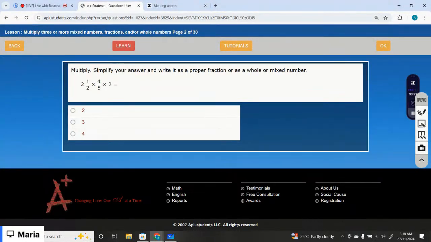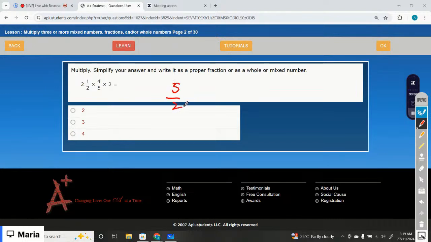2 whole 1 by 2 times 4 over 5 times 2. 2 times 2 is 4 and 1. 5 over 2 times 4 over 5 times 2. 2 and 2 cancel out. 5 and 5 cancel out. So you are left with 4.